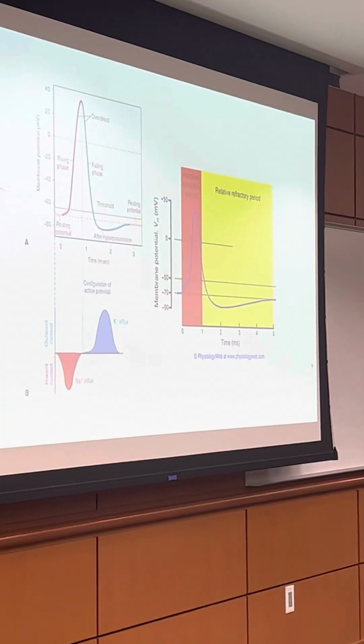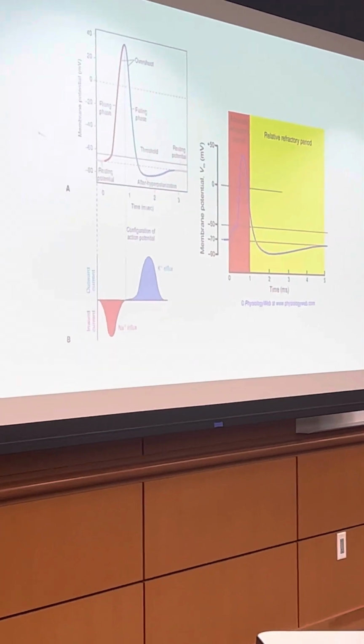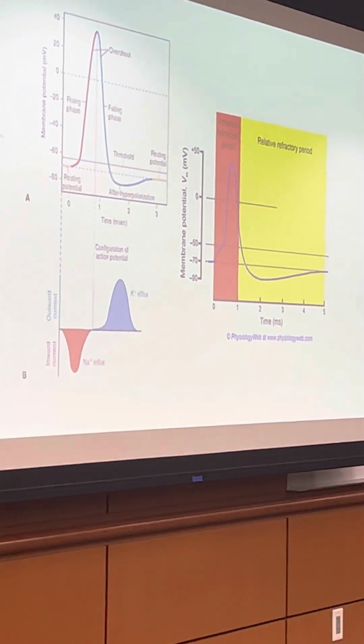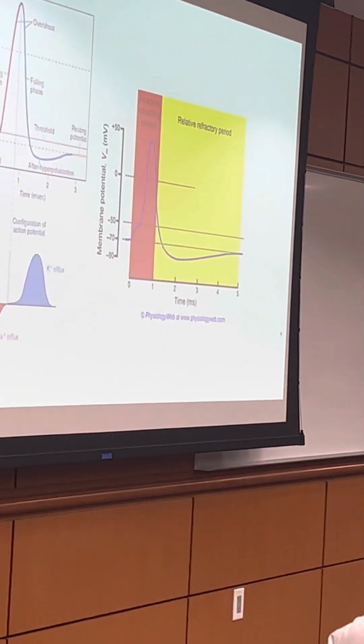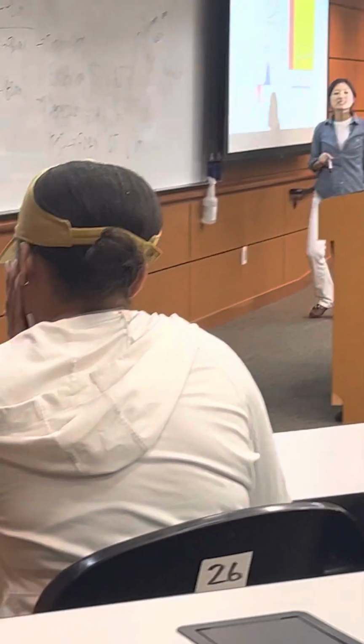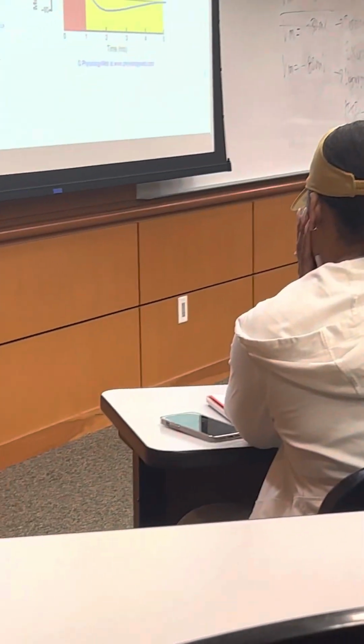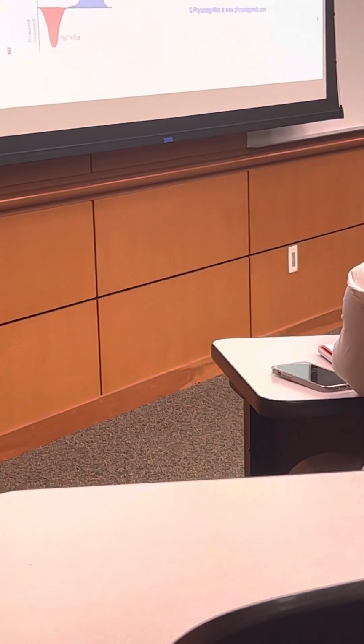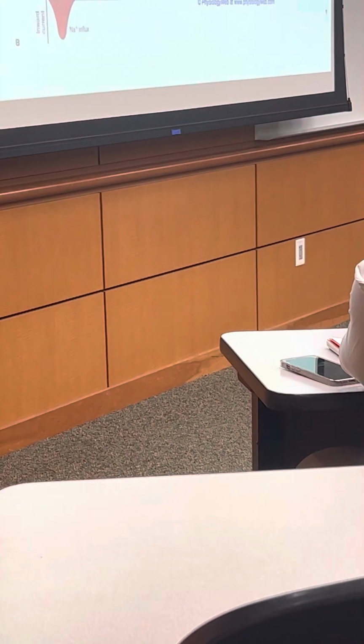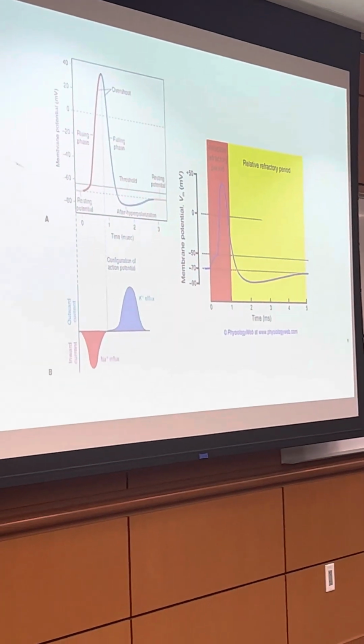Okay. So, understand the kinetics of the action potential. Understand the difference between absolute refractory period and relative refractory period. What is the difference between absolute versus relative? In relative, you can fire an action potential, but in absolute you can't. Absolutely correct.